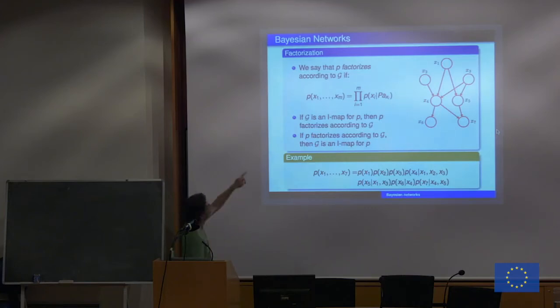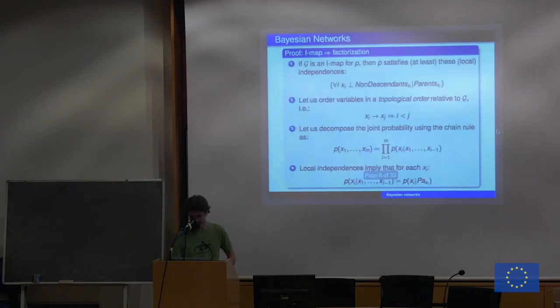If P factorizes according to the graph, okay, then the graph is an IMAP, an independency map, for P. Okay? So there is this kind of relationship between factorization and being an independency map. Okay? And the first one is pretty easy to show. Okay? I also have the other one, but only in the appendix.